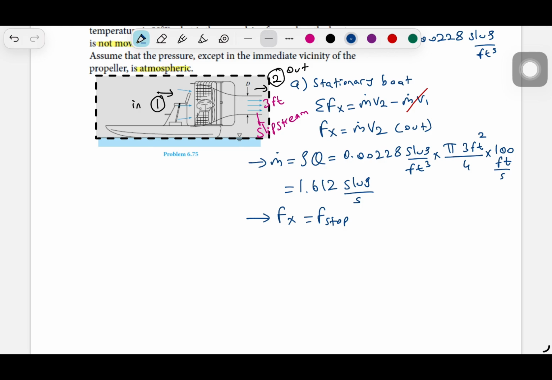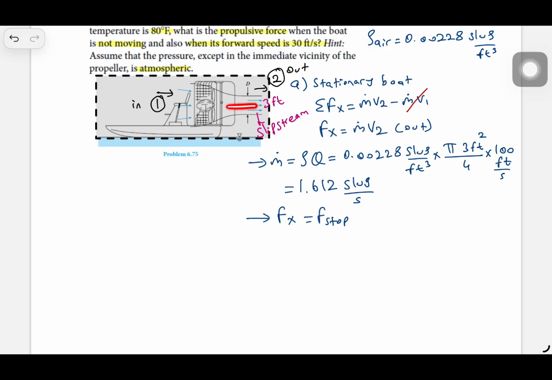Here we can think that since it is not moving, we will not have anything inflow. However, there will be air going out from this propeller system. So it is just surrounding atmospheric air. So regardless of the motion, we will have outflow from this system.